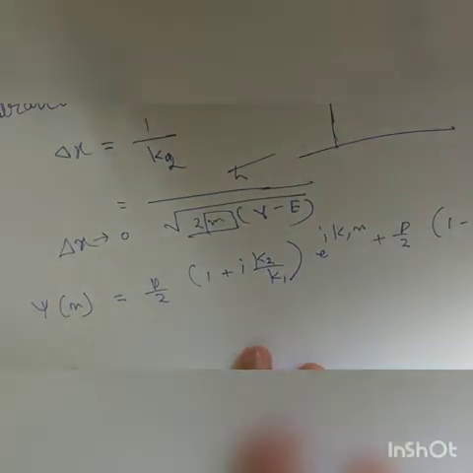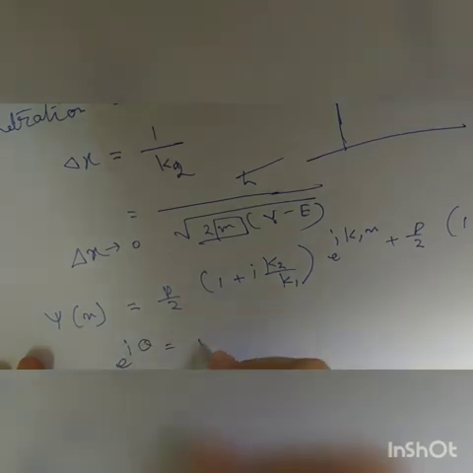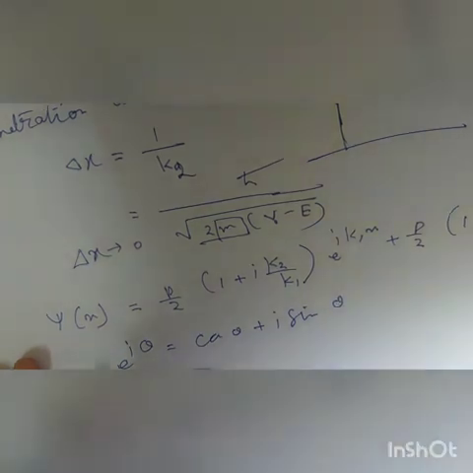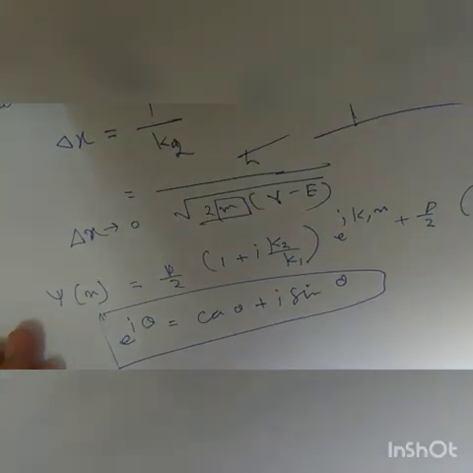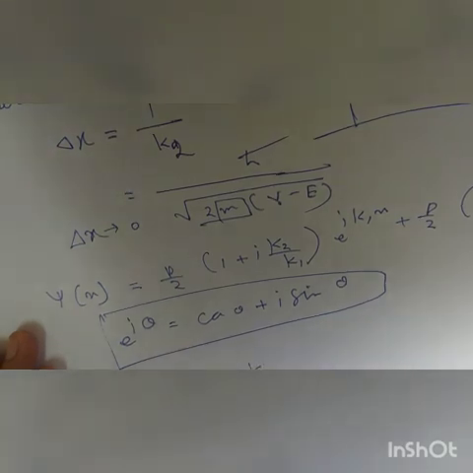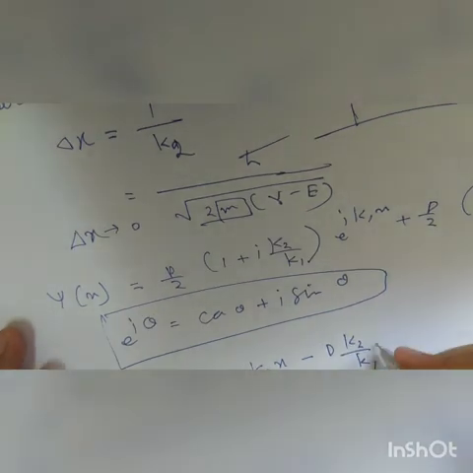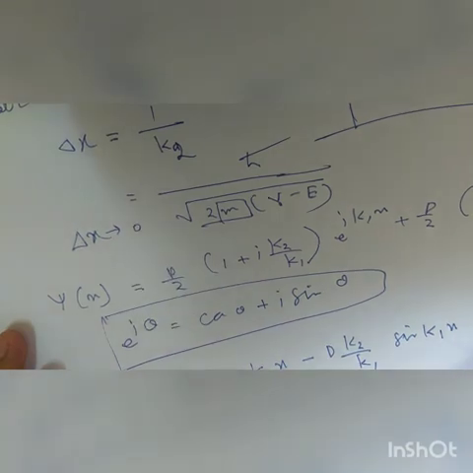If we use Euler's representation, that is e to the i theta equals cos theta plus i sin theta, we will find that the wave function is actually D cos k1 x minus D k2 by k1 sin k1 x, for x less than or equal to 0.